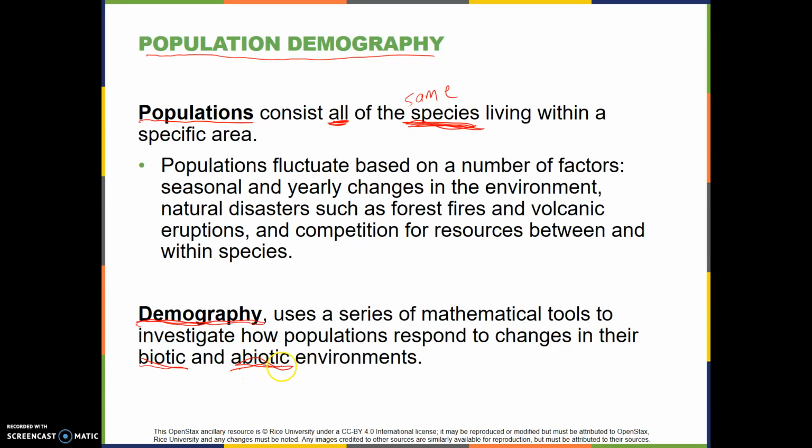And biotic just means changes in living things, such as other species dying out or other species maybe invading the area. That would be biotic. And then abiotic conditions would be weather and availability of nutrients and minerals and water, that kind of thing.